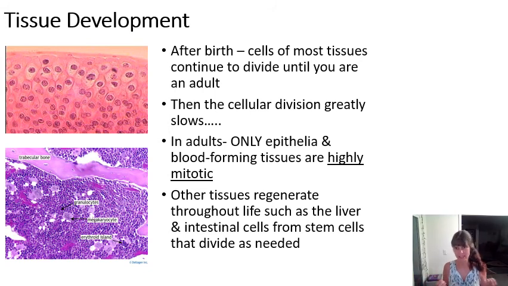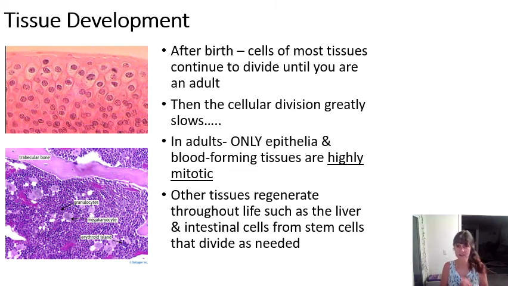Blood cells only live for 120 days, so we have to continuously produce more blood cells. Remember, once red blood cells are mature, they've extruded or kicked out their nucleus. Mature red blood cells can't divide, but red blood cells are regenerated in bone marrow, and when they become mature, that's when they kick out their nucleus.